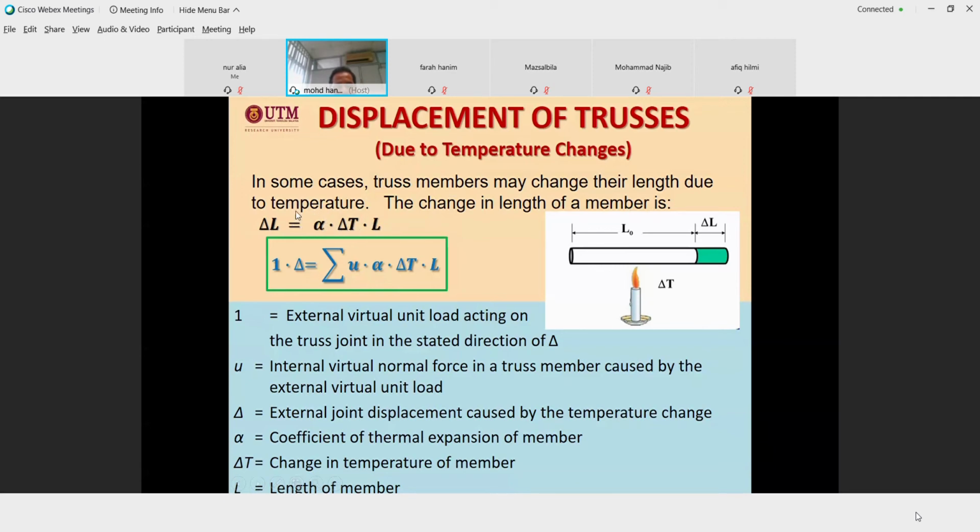This one is in topic 2, in the subject. You remember, alpha is equal to the coefficient of thermal expansion of the member, and delta T is the change in temperature of the member, not the temperature, the change in temperature.